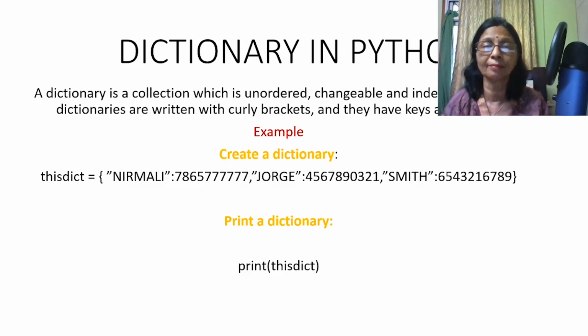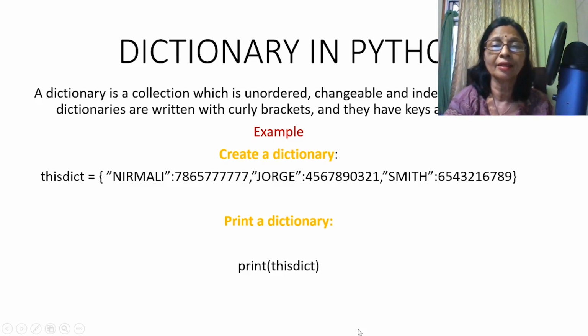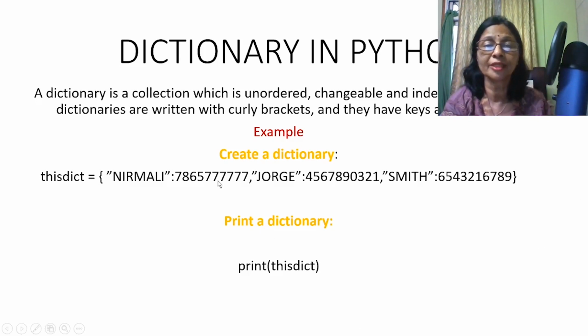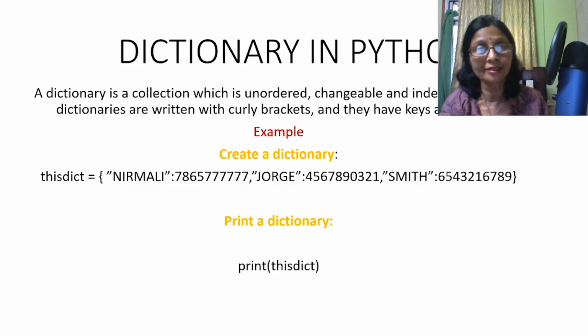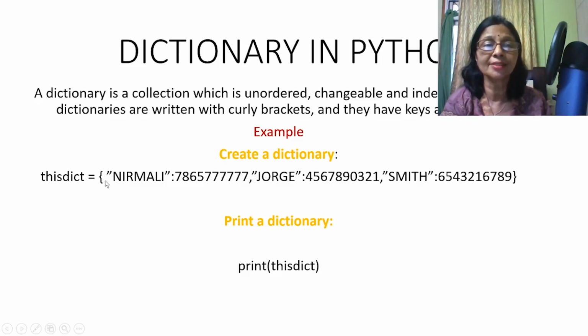created using curly brackets. An example I have shown here: create a dictionary. Here you can see there are two sets of data, one is the key and another is the value, and keys are always unique, and you have to mention the keys to get the values. Here, dict is a variable where I have created one dictionary having three entries: Nirmali, George, and Smith.